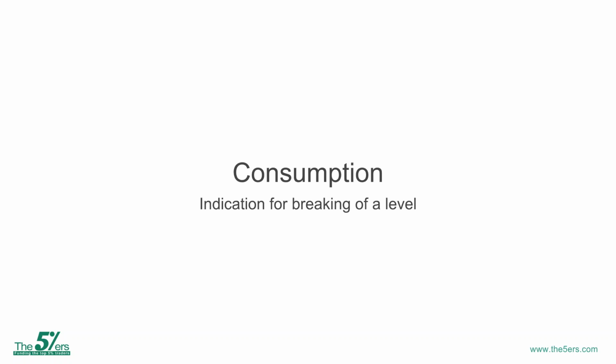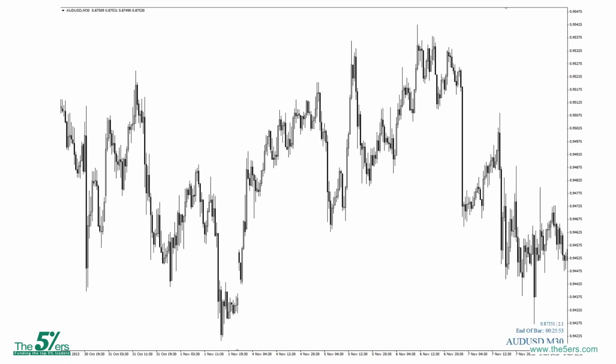So we have a rule of thumb saying that after the first visit to the zone, we are going to question the level. It will not work forever. It can work once, it can work twice, it can work 3 or 5 or even 10 times. But the only thing that we are sure of is that the fewer visits price made to that level or to that zone, the more risk we are willing to take.